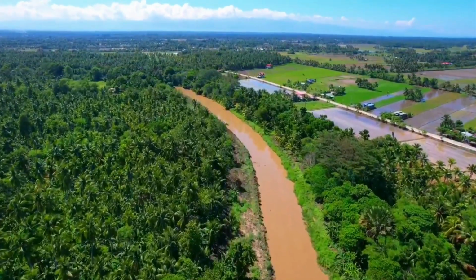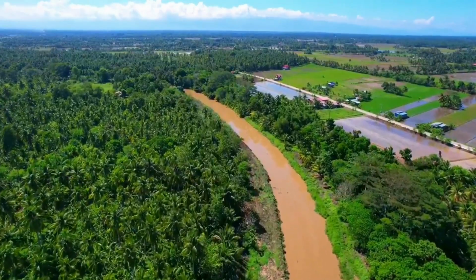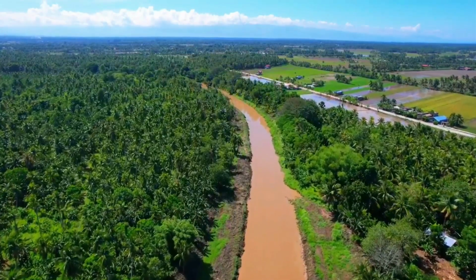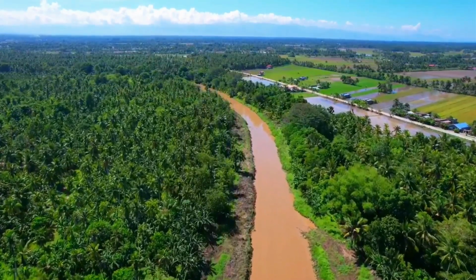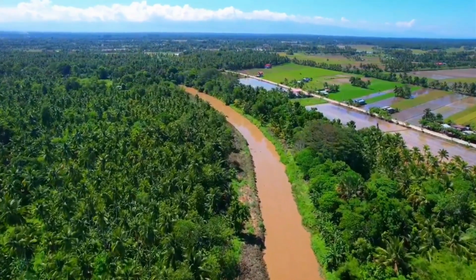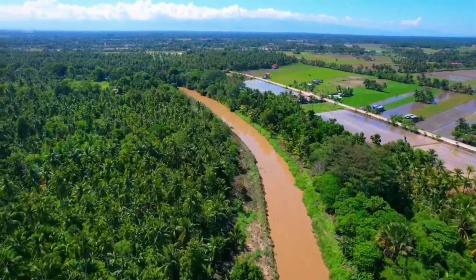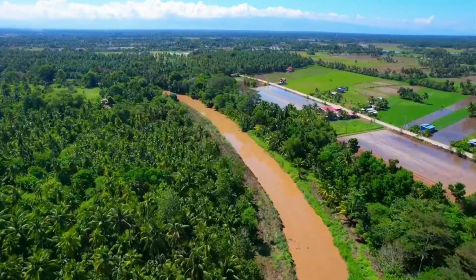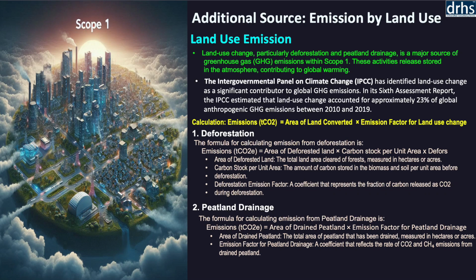This process releases significant amounts of CO2 and in some cases methane into the atmosphere. Peatland drainage is particularly concerning because peat soil contains far more carbon per unit area than most other land types. The formula for calculating emission from peatland drainage is area of drained peatland multiplied by the emission factor of peatland drainage.